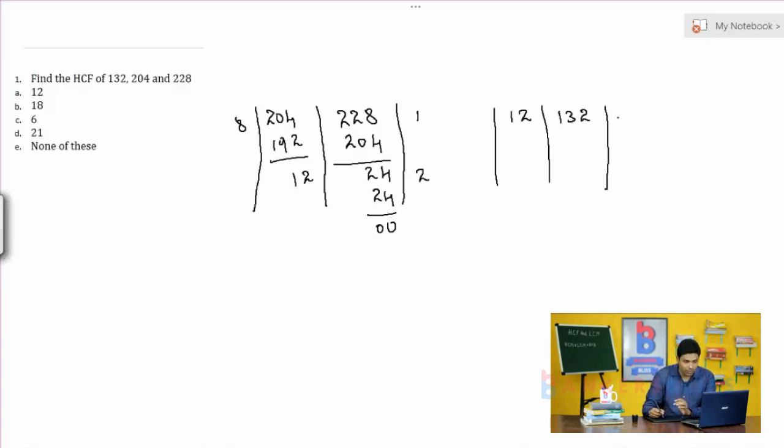So if you do 11 times, then it is divisible by 12. So 132 minus 132 is 0. On one side you got 0 and on the other side you are having 12. Therefore 12 is the HCF for the three numbers 132, 204 and 228. So option A is the right answer. Let us go to the next problem.